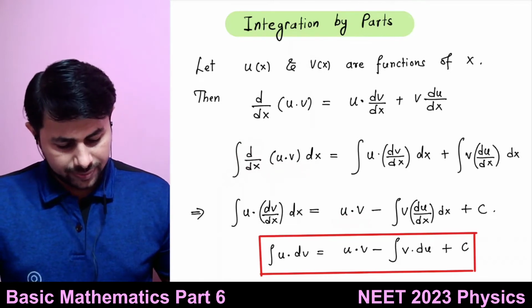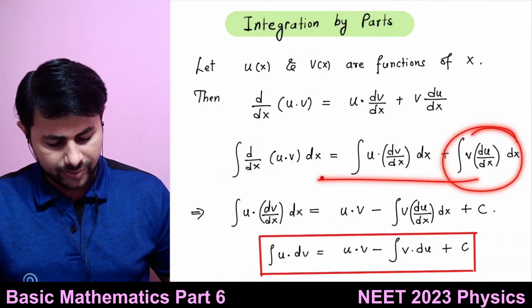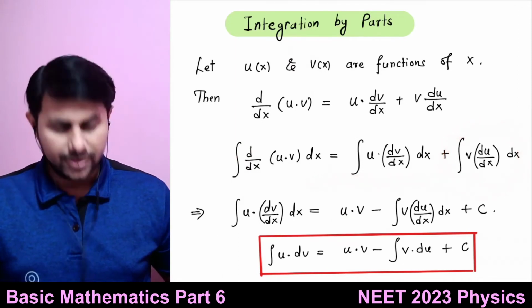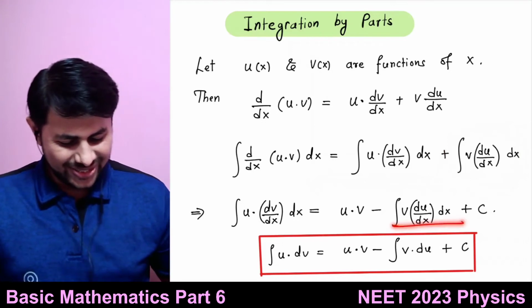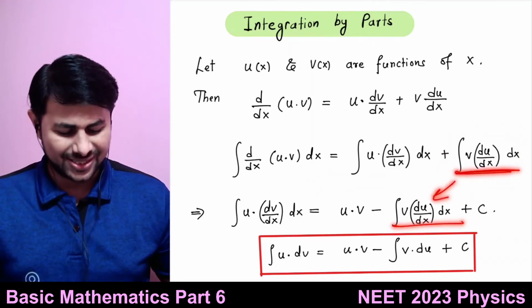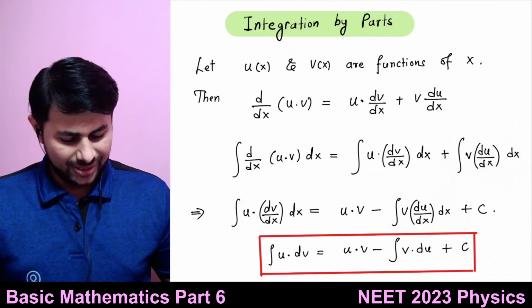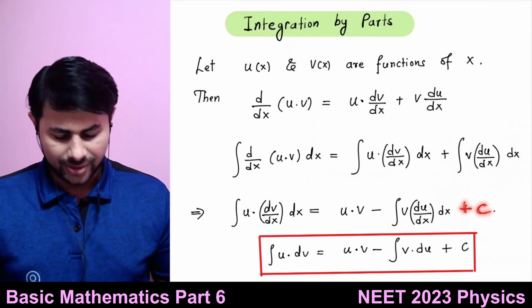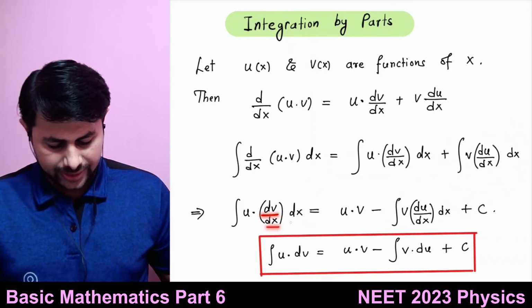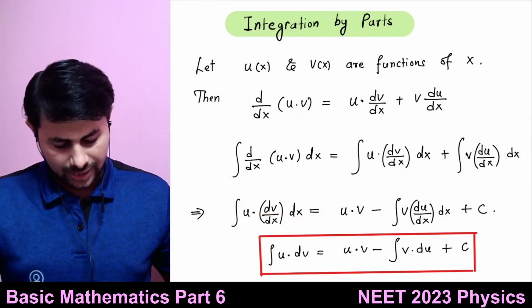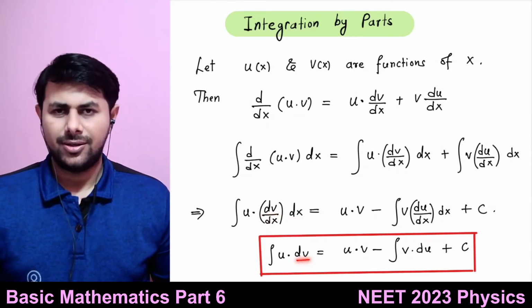And then I am taking this term on the left hand side. By the way, I am writing it on the right hand side. This term I am writing as it is. It will now have a negative sign, plus c. Then this thing, dv by dx into dx, I am writing as dv.